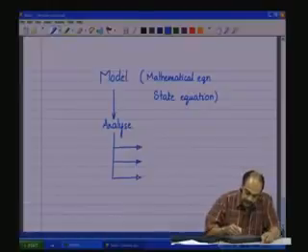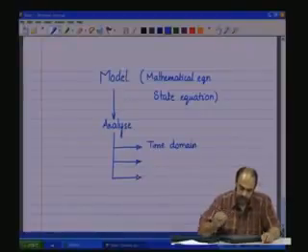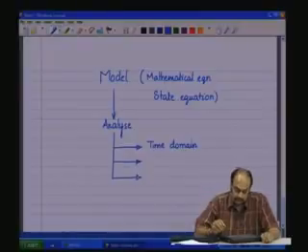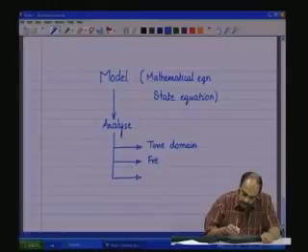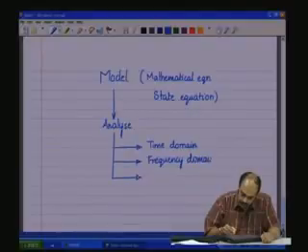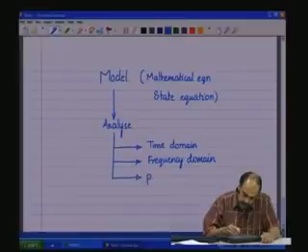One is the time domain. The other is the frequency domain, and the third is the pole zero domain.